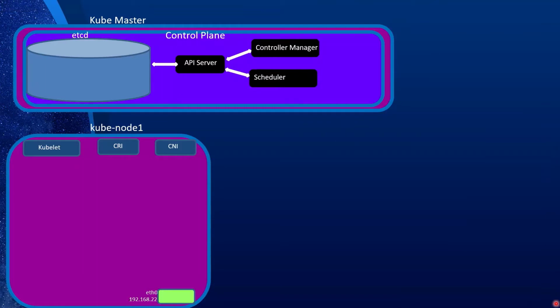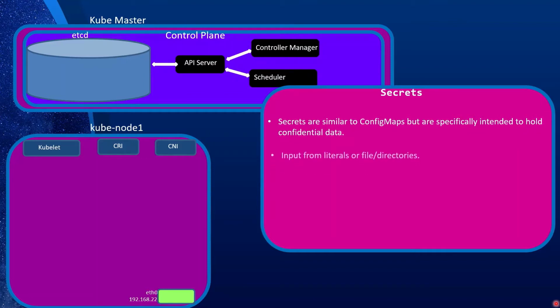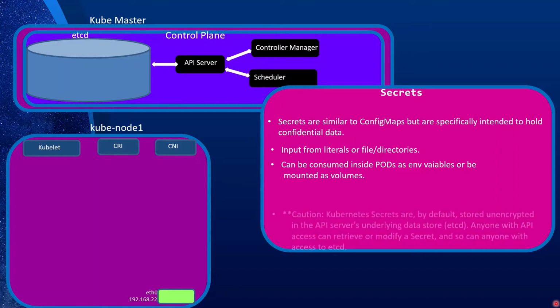To manage confidential configurations such as passwords, we should use secrets. Secrets are very similar to config maps, but are specifically intended to hold confidential data. We can create them either from literals or files, as we saw with ConfigMaps, and they can be consumed inside pods as environment variables or mounted as volumes.